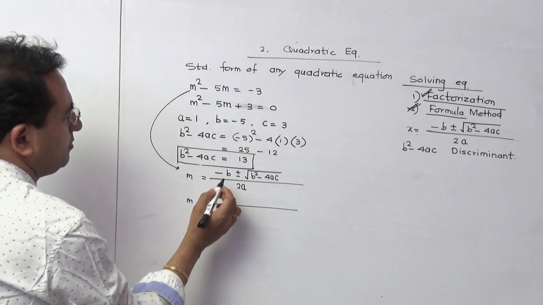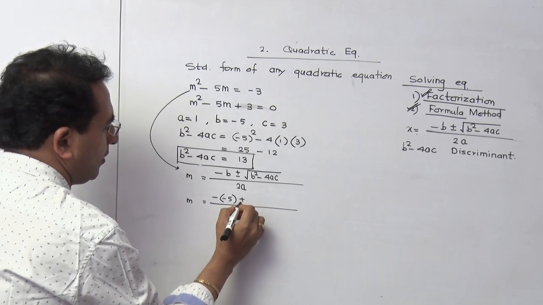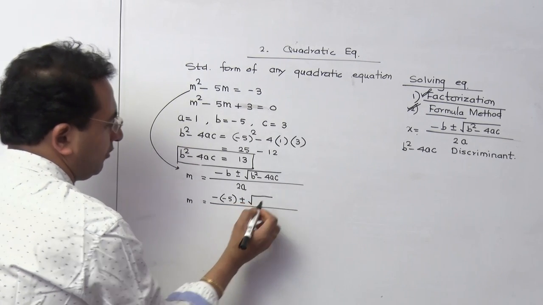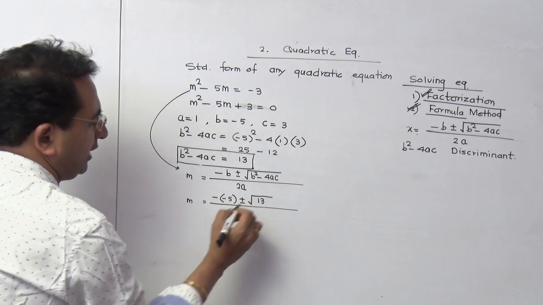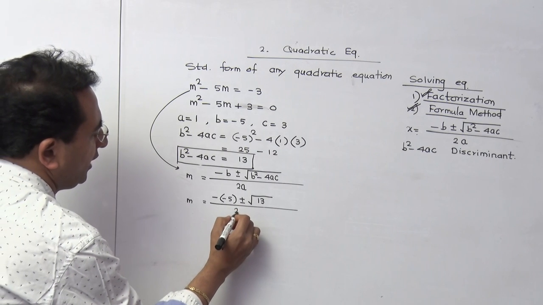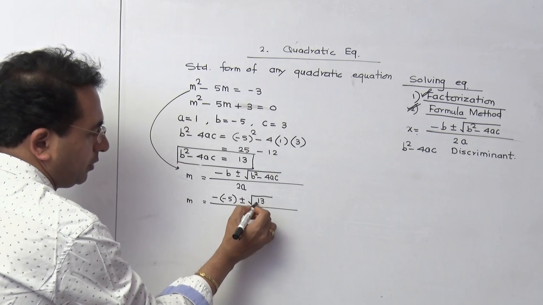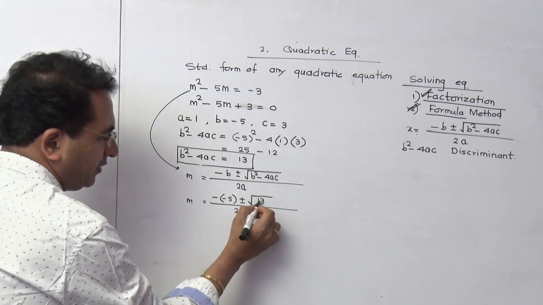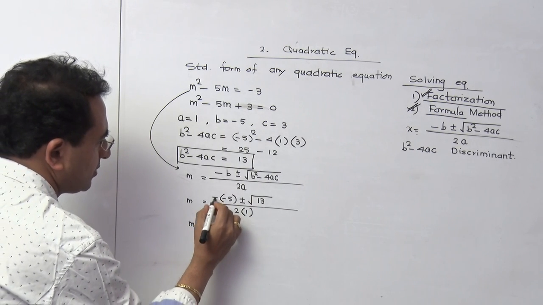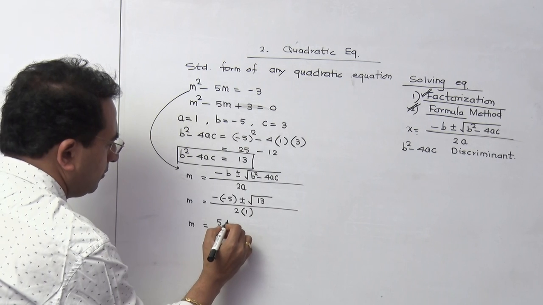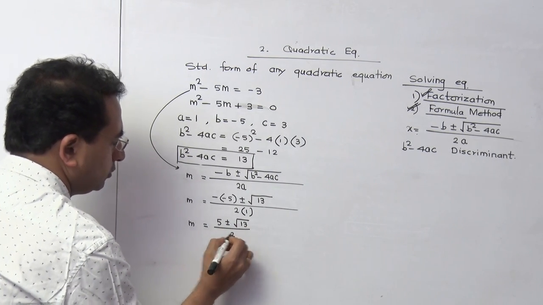Now just substitute the values here. Minus b means minus of minus 5, plus or minus square root of b square minus 4ac, the value can be written directly as 13, and then 2a means 2 into 1. Now as 13 is a prime number, there is no split up of this number, so directly we can write the answer for m as minus minus will become plus 5 plus or minus root 13 upon 2.